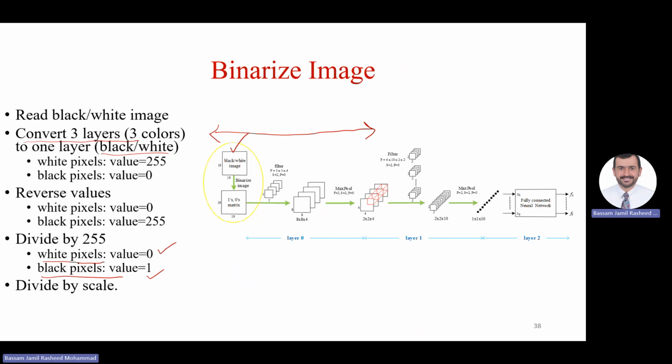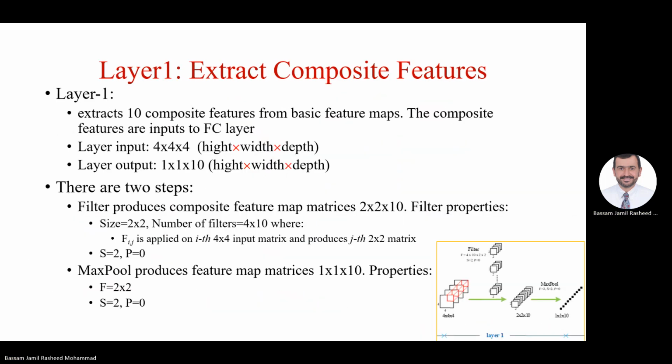So let's go to layer 1, which is right here. Notice I stopped at 4 by 4 with a depth of 4, and I want to generate a 2 by 2 feature map with a depth of 10. So I will use 40 filters. Why 40?